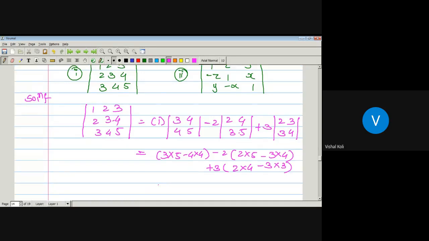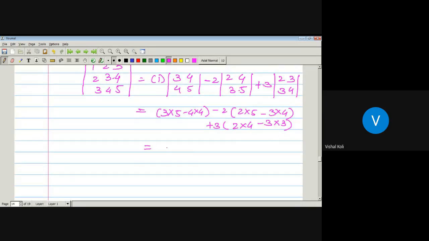So which is equal to 3 into 5, 15, minus 4 into 4, 16, minus 2 into 5, 10, minus 3 into 4, 12, plus 3 into 2 into 4, 8, minus 9.